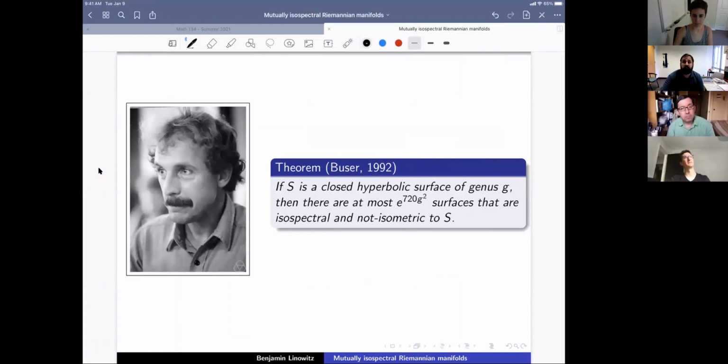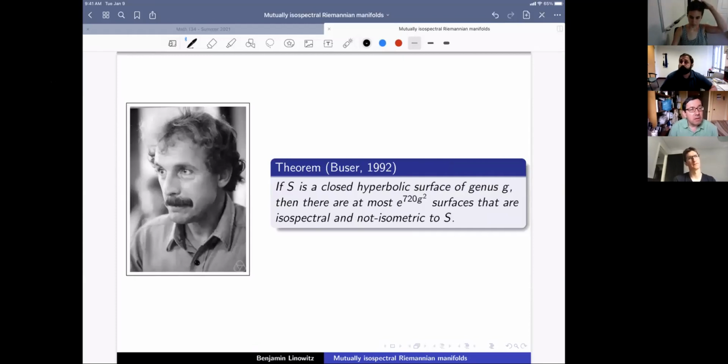You put all of this together, and what Buser concluded was, if you have a closed hyperbolic surface of genus G, then there are at most e to the 720 g squared surfaces that are isospectral to S, but not isometric.